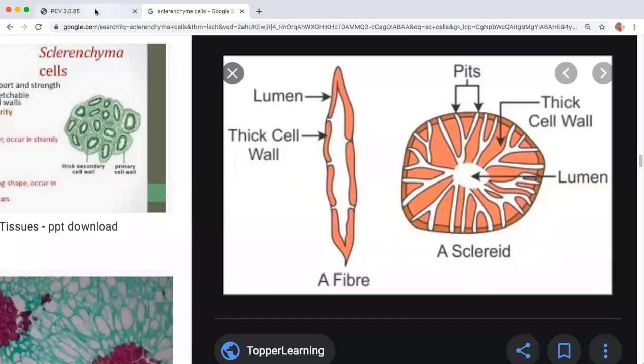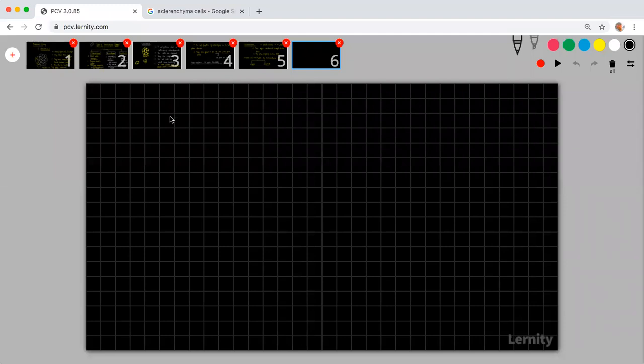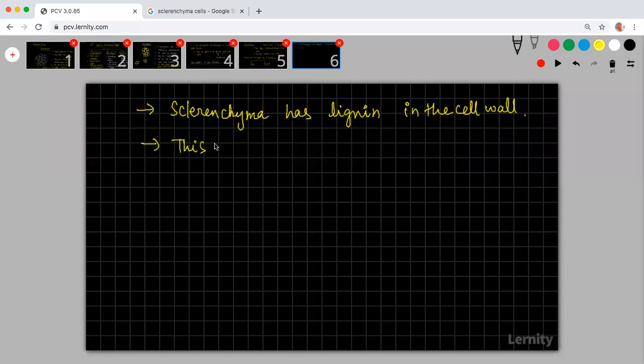And one more point that you need to know is that sclerenchyma has lignin in the cell wall. This lignin gives mechanical strength.